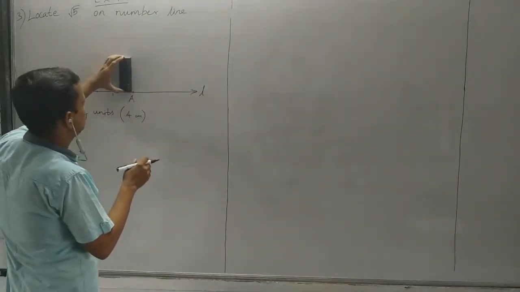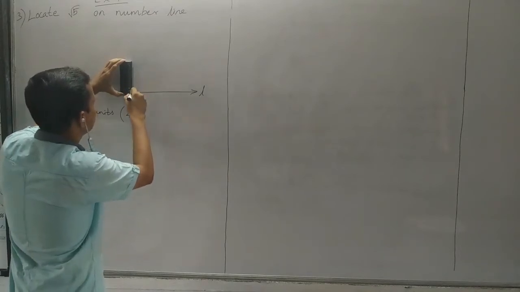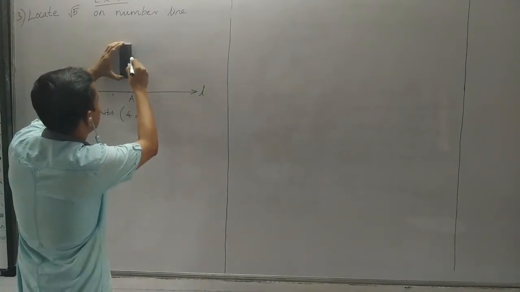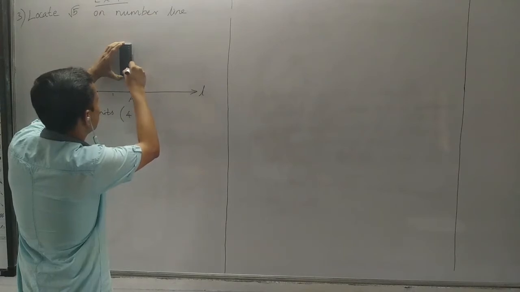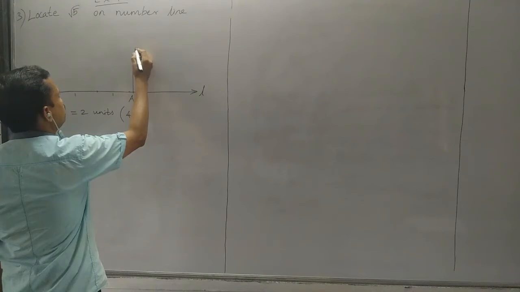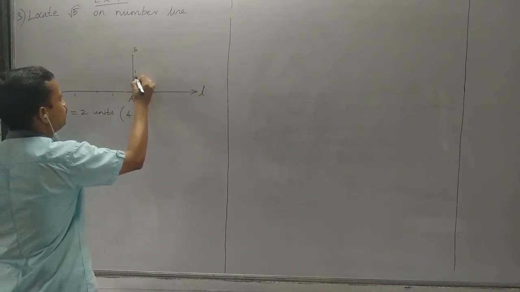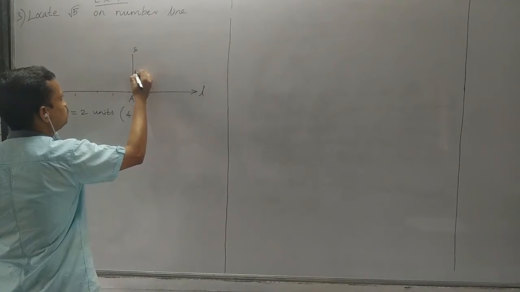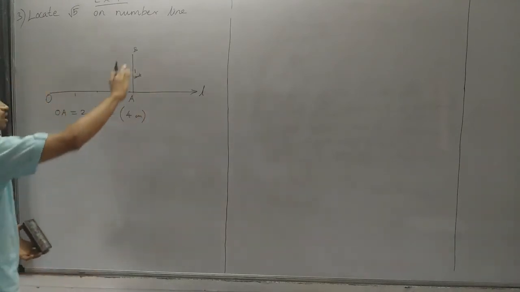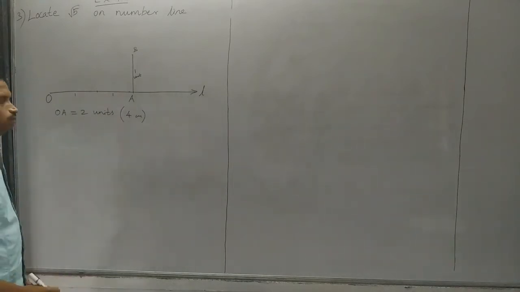And now through A, draw a perpendicular and mark it as B. This is 1 unit. Always here it is 1 unit only, but here I am taking 2 units. Why, sir?